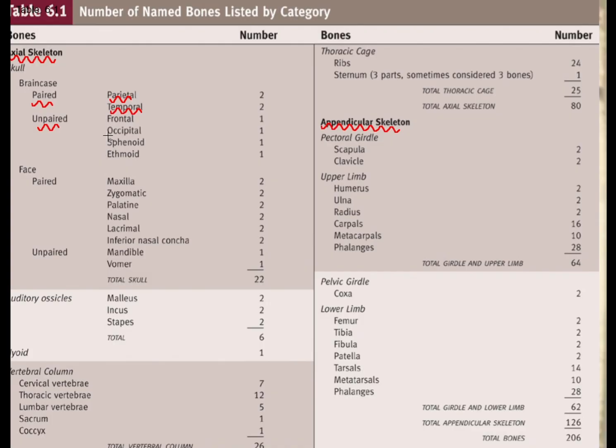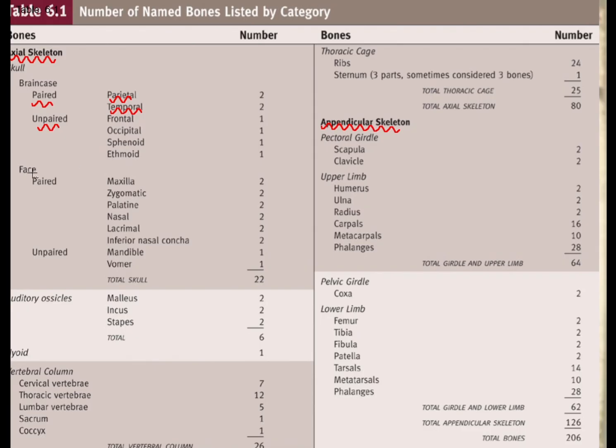These 4 bones are unpaired. The total number of bones in the head is 29. In the skull, that is the cranium part, 8 bones are present. In the facial part, 14 bones are present, and another is the hyoid. Hyoid is 1 bone.